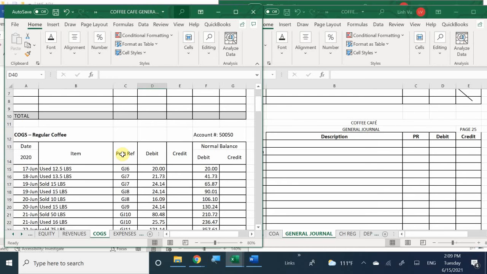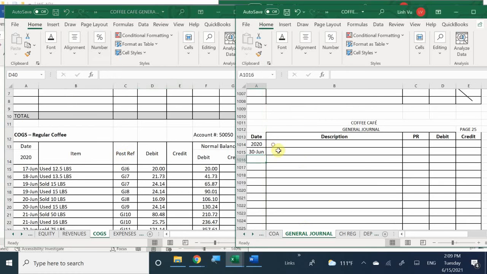With debits, correct. So in this case, where we're going to be zeroing out every single account, we're going to be crediting all of our accounts. So I am going to be debiting my income summary, all right? So let's go ahead and place it in here that my income summary is going to be first, for account number 39999.